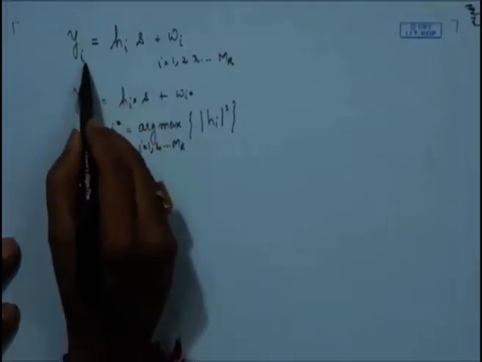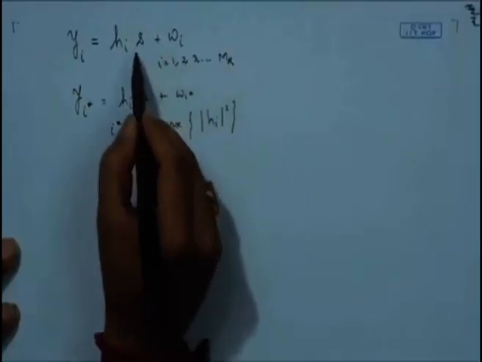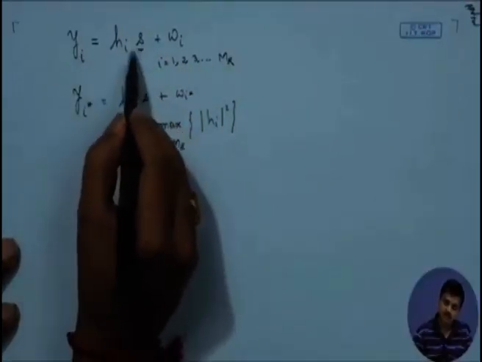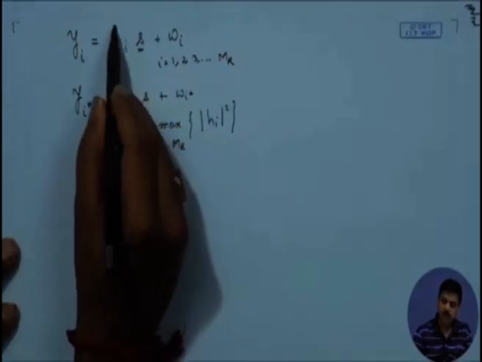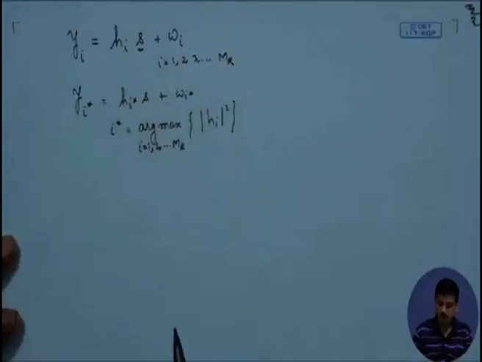What this essentially means is that this is the received signal in the ith branch. Whether i is 1 or M_r, the same received signal is being captured, but it is weighted by a different complex coefficient, and there is something else that is added.